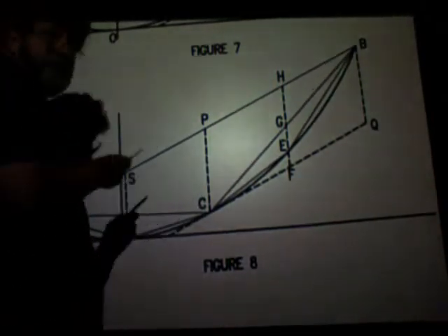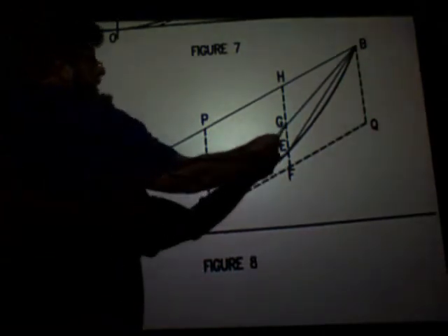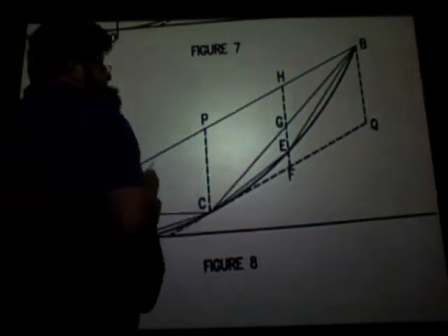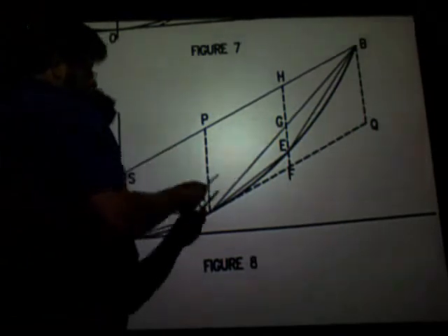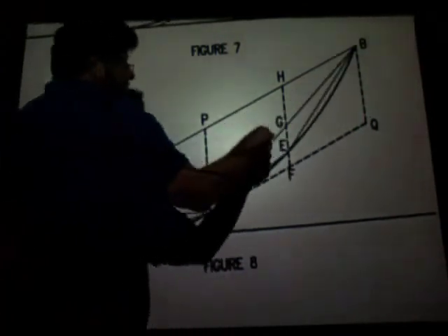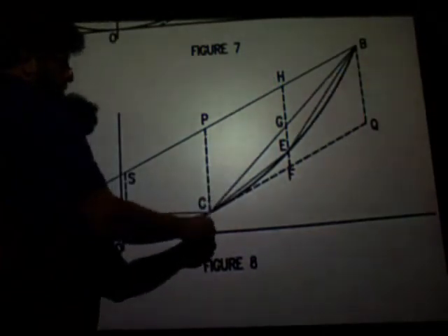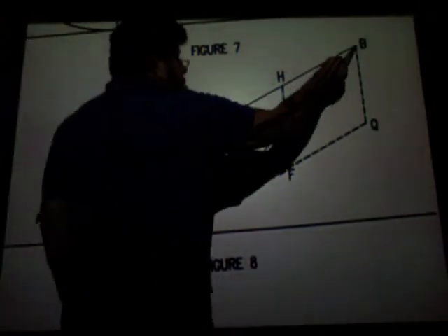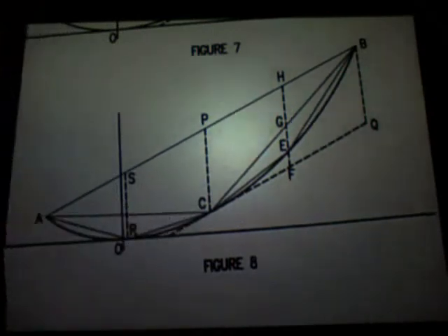So if we can show that EG is half of GH, it follows immediately from the argument we just went through that this triangle in its entirety has 1/4 the area of this triangle, right?